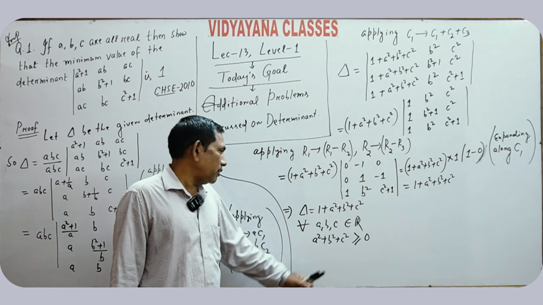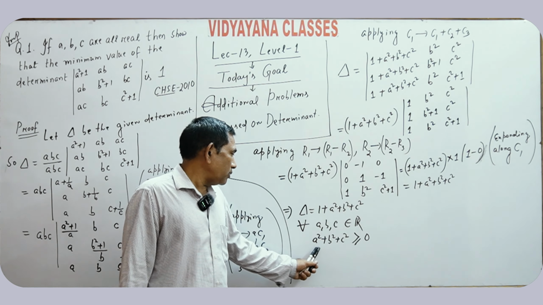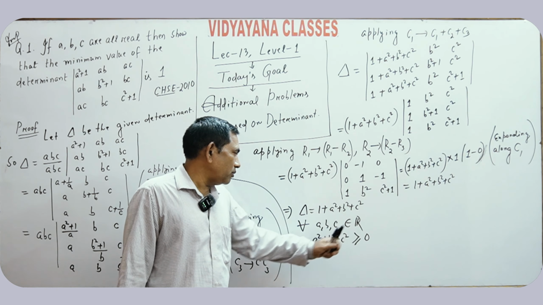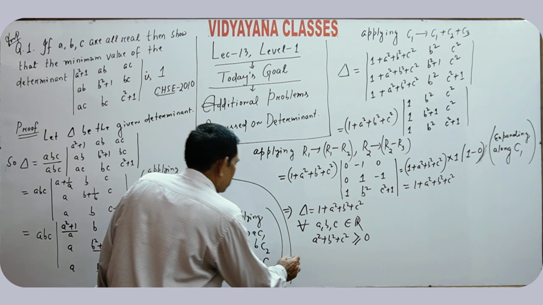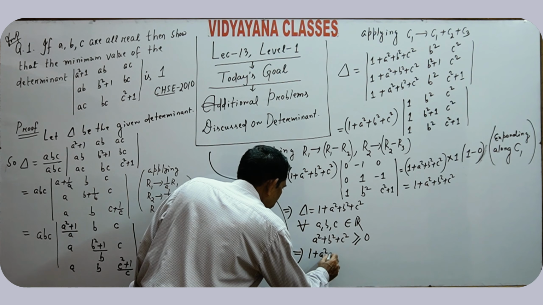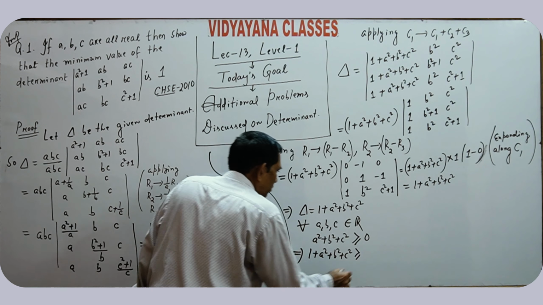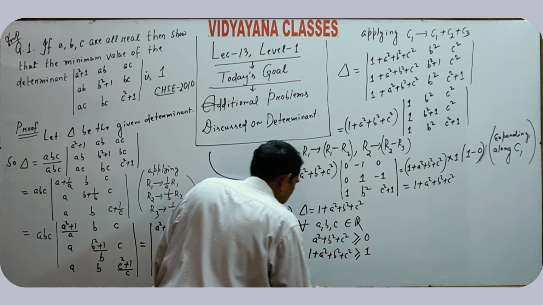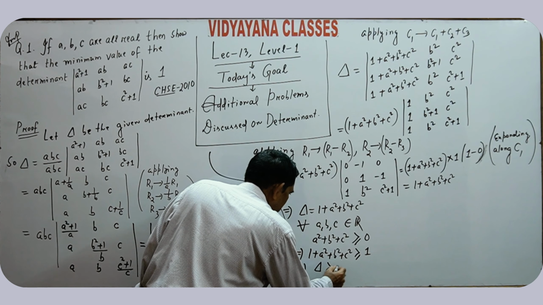If a, b, c are all 0, then a square plus b square plus c square equals 0. Otherwise, it is greater than 0. Which implies 1 plus a square plus b square plus c square is greater than or equal to 0 plus 1, that is 1. Which implies del is greater than or equal to 1.